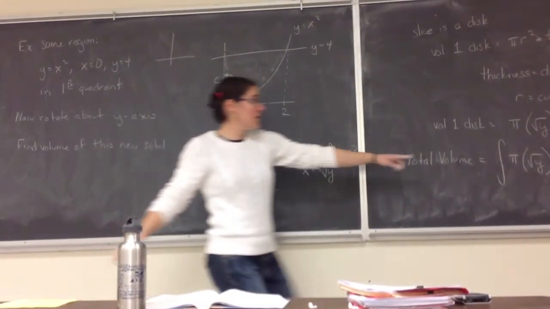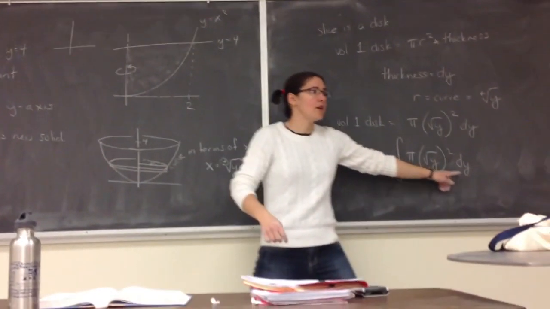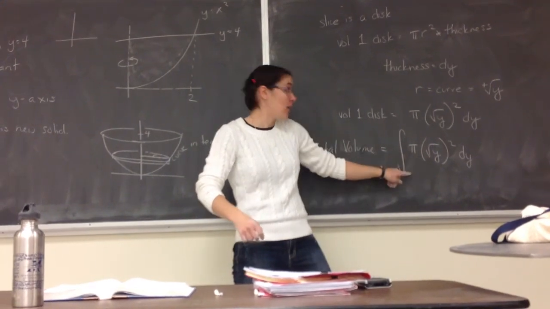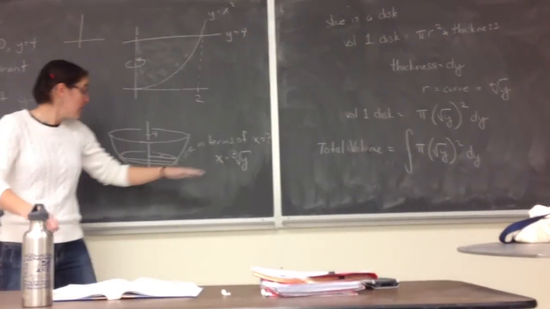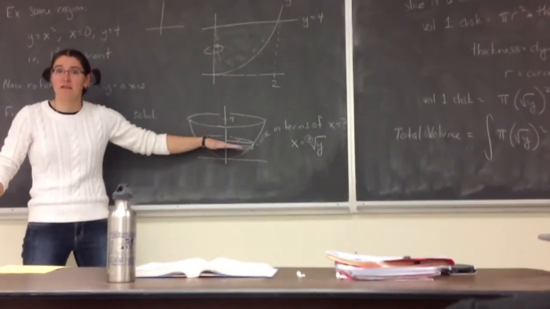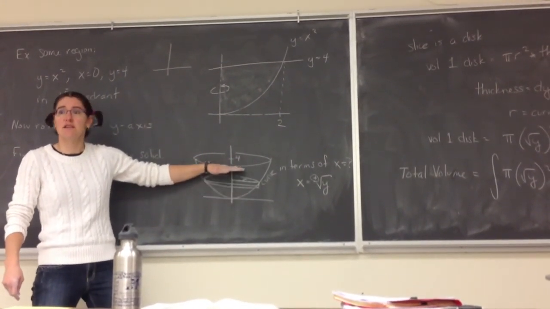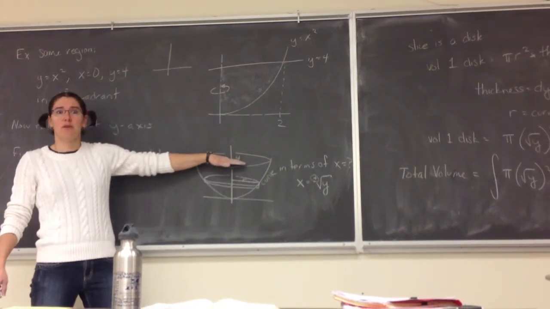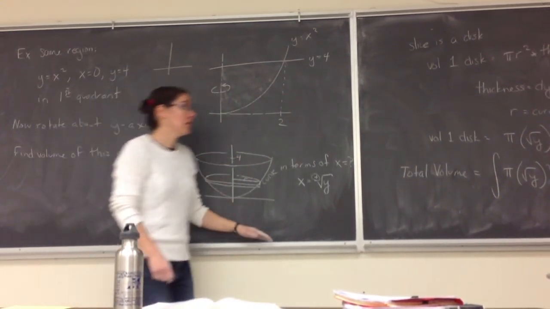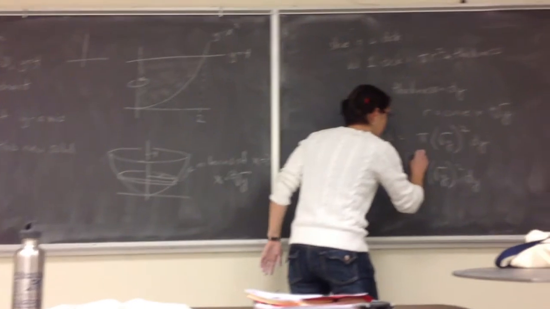Because our thickness was dy, and our radius was in terms of y, our boundaries must be y values. And so when I'm thinking about slicing, my smallest y value is down here at y equals 0, and I slice, slice, slice, slice, slice, until I hit the top, which occurred at y equals 4. So our integral will go from 0 to 4.